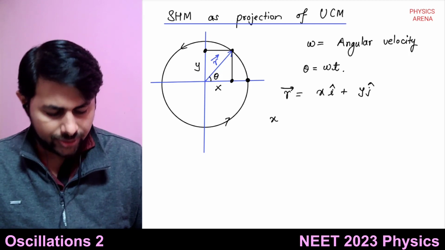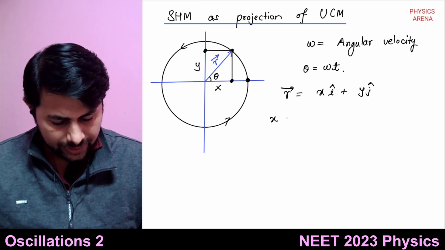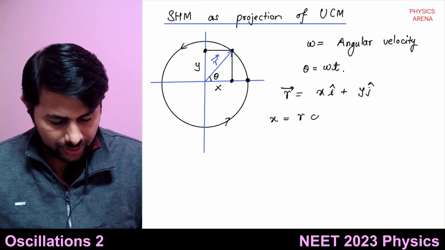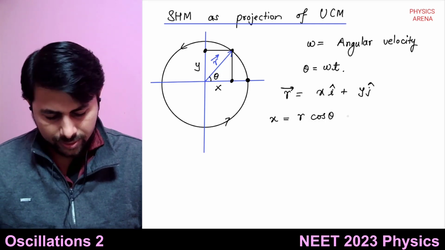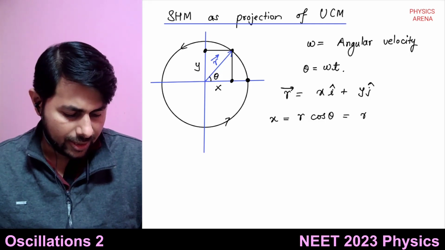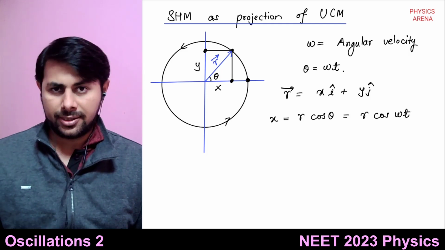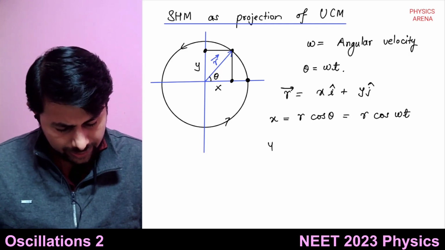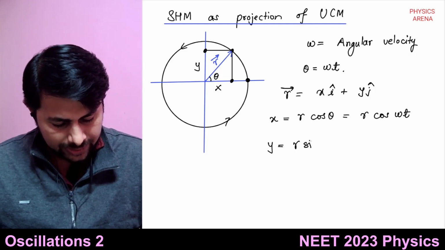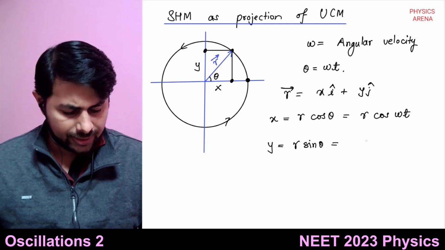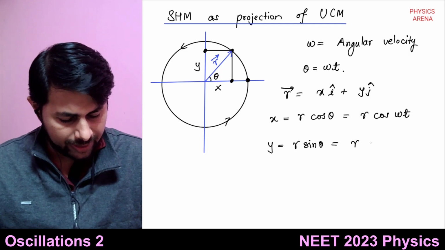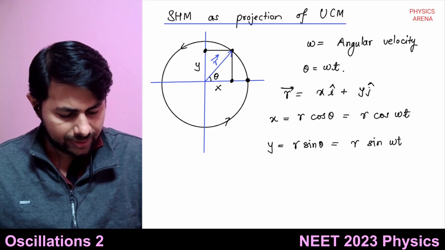And what are the values of x and y? So x is equal to r cos theta, or you can say it is r multiplied by cos of omega t, because theta is omega t, and y is equal to r sin theta, that is r multiplied by sine of omega t.